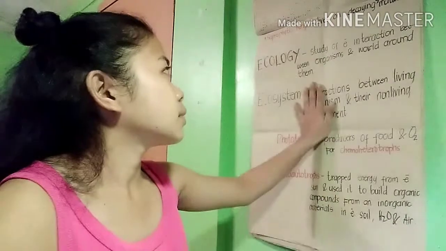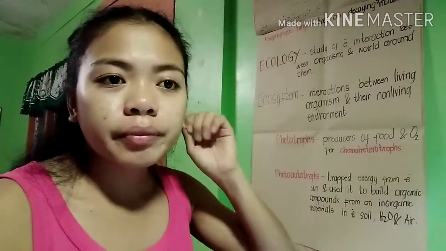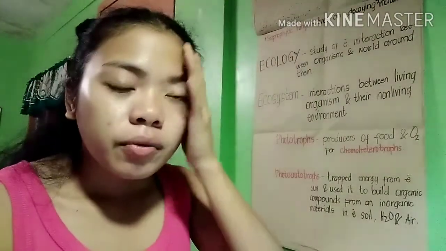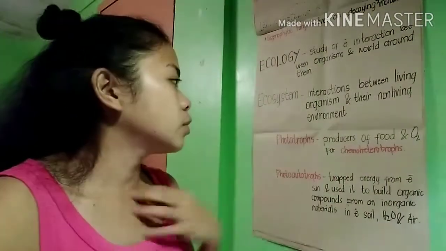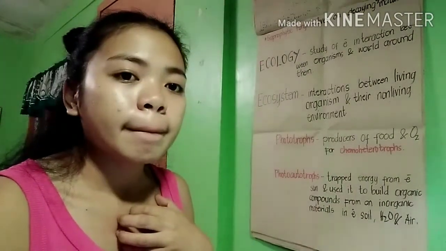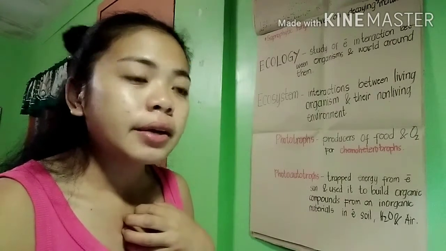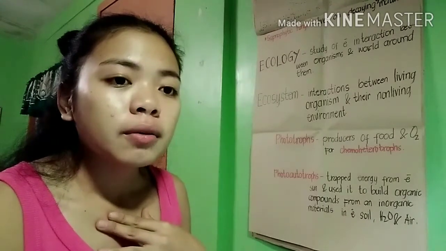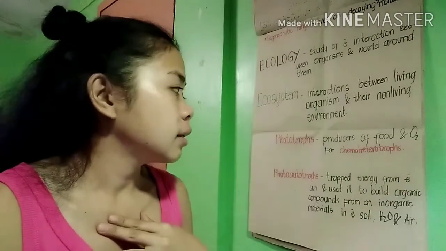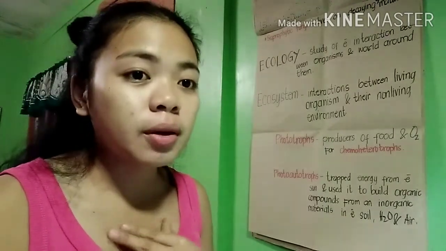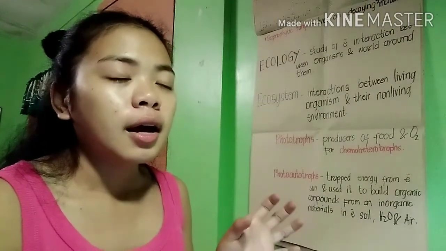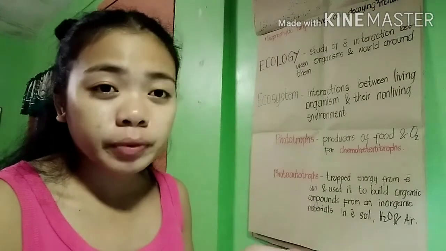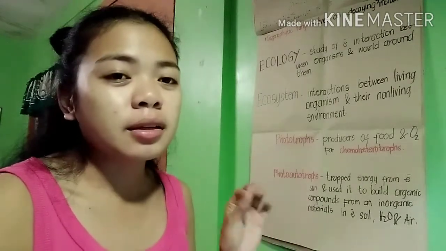So in the ecosystem, we have the phototrophs. The phototrophs are the producers of food and oxygen for the chemoheterotrophs. They use light as their energy source.